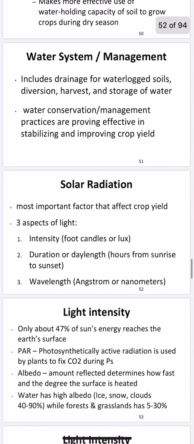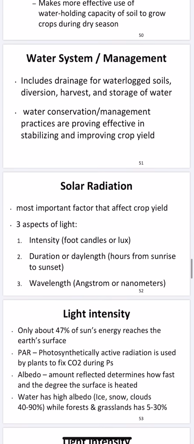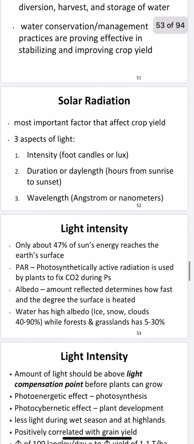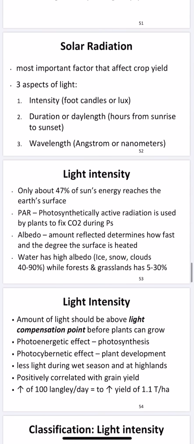This includes drainage for waterlogged soils, diversion, harvest, and storage of water. So it is very important to have water conservation or management practices, proving effective in stabilizing and improving crop yield. So it is also important that you maintain moisture or water level in your plants.